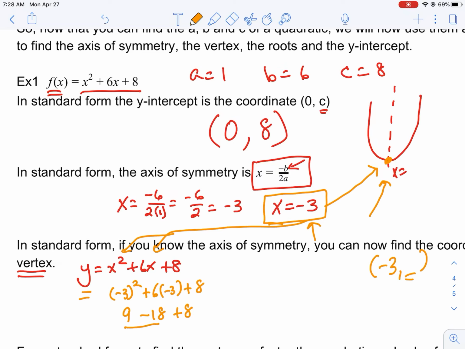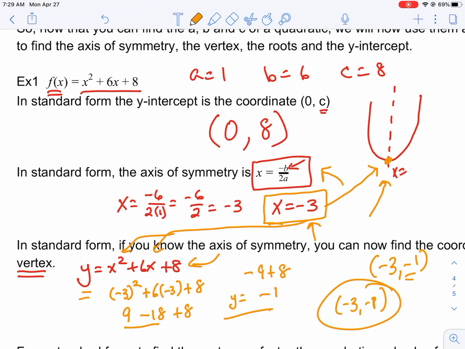And then 9 plus negative 18 is negative 9, plus 8, which is negative 1. So y equals negative 1, and we'll put that negative 1 in there. So our coordinate is (negative 3, negative 1). That's our vertex. Okay? So the key is to know how to find the axis of symmetry in standard form. Take that number, substitute into the equation, into the quadratic, to find the vertex.